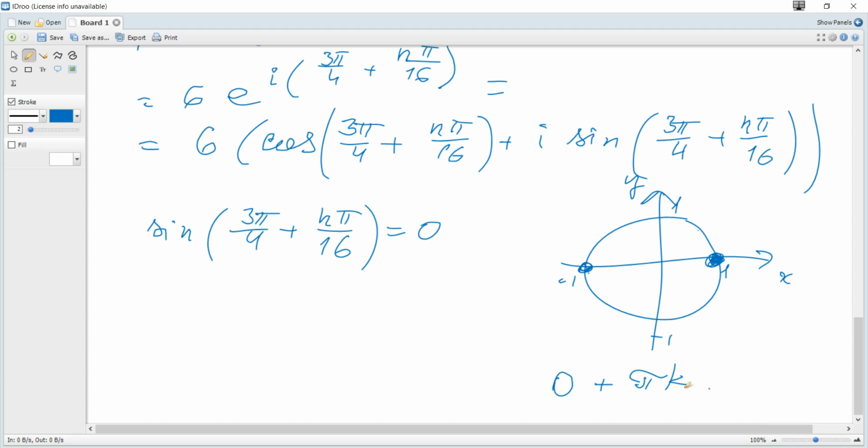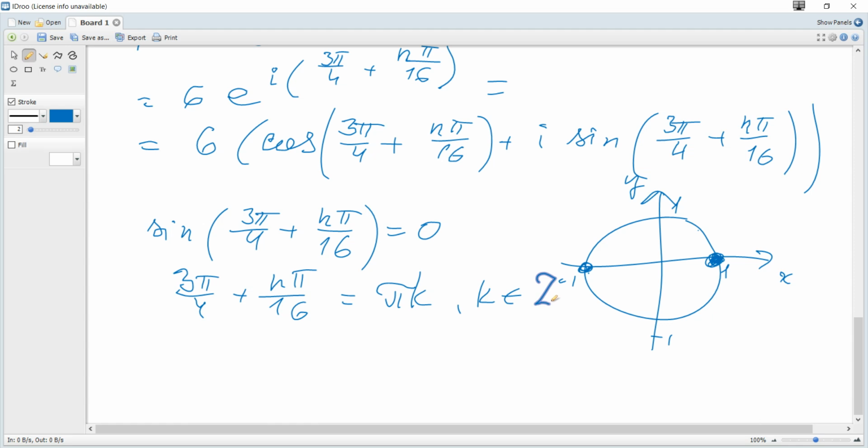So you can see that if you consider any number k, you will move between roots, and you can get absolutely any root for some specific value of k. So sine is 0, the general solution is, we just copy this argument, pi k, where k is any integer. Integer is 0, 1, 2, 3, 4, also negative 1, negative 2, and so on.